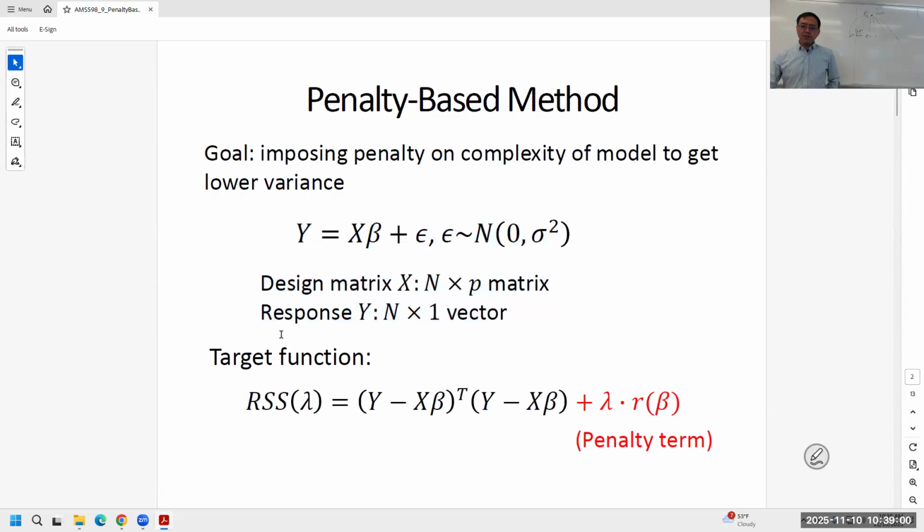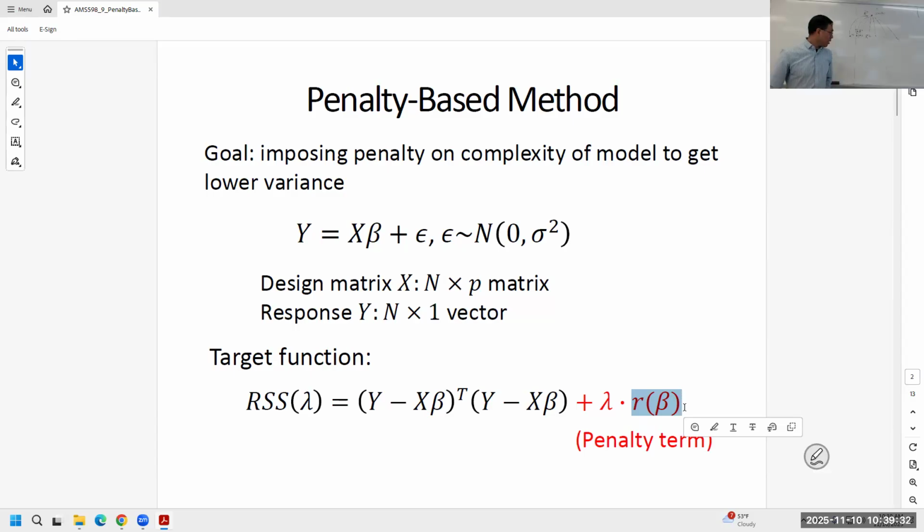The target function used to be minimizing the SSE, the sum of squared errors, which is error transpose times error. The penalty-based method adds an extra term, λ times R(β), which is a so-called penalty on the parameters.